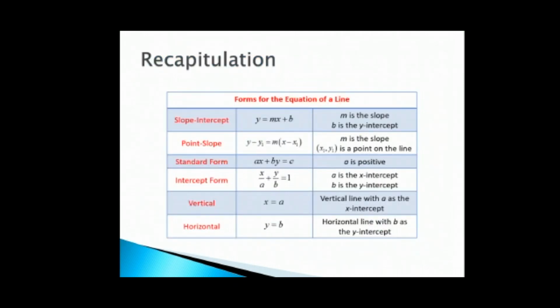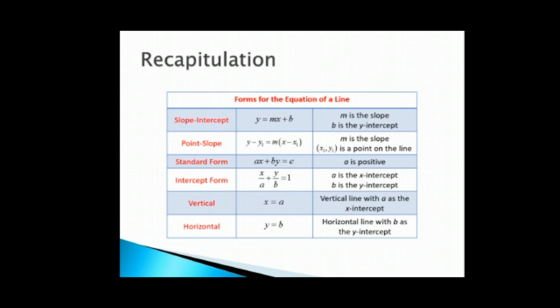Now let us recapitulate which all forms of equations of line we have discussed. Slope-intercept form, y is equal to mx plus b, where m is slope and b is the y-intercept. Point slope form, where we have knowledge of one point and slope, that is y minus y1 is equal to m into x minus x1. Standard form of equation of line, you know it very well, that is ax plus by is equal to c.